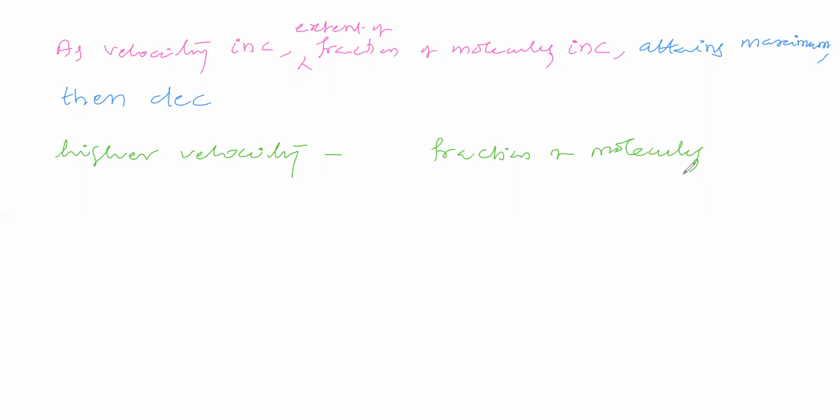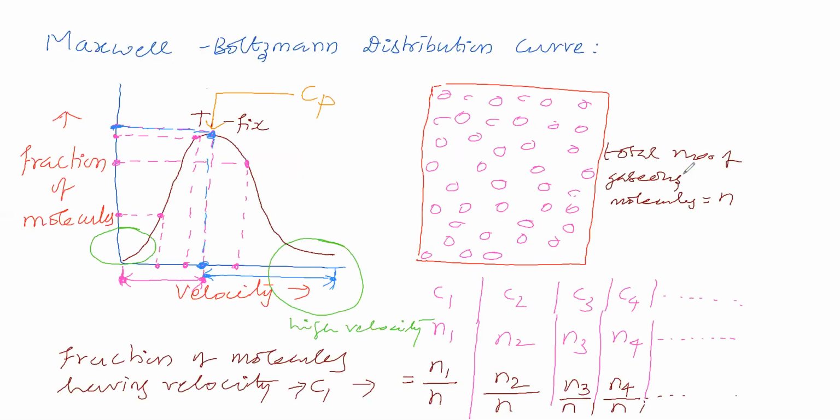What fraction of molecules possess higher velocity? The higher velocity is possessed by so and so fraction of molecules. Now compare the fraction of molecules having higher velocity with this velocity side and this velocity side.